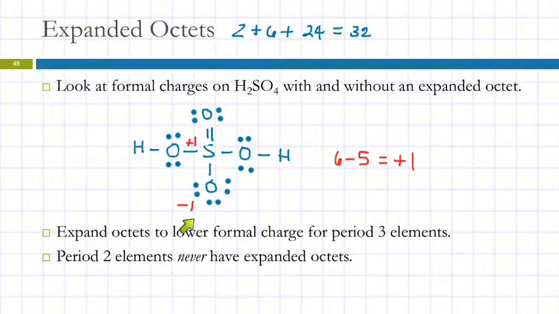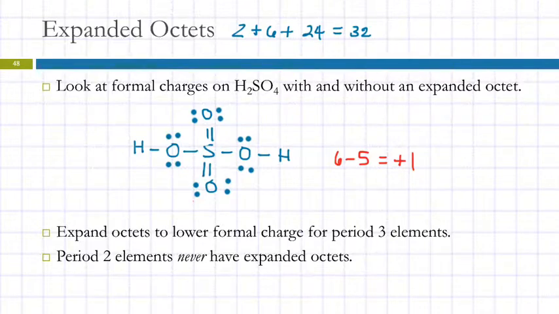What if I did the same thing down here? Took one of these lone pairs and did a double bond with the sulfur. So I'm going to move a lone pair. Now, this oxygen has an octet with 2 bonds.